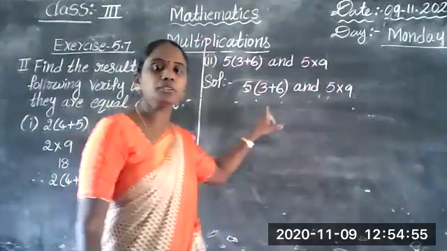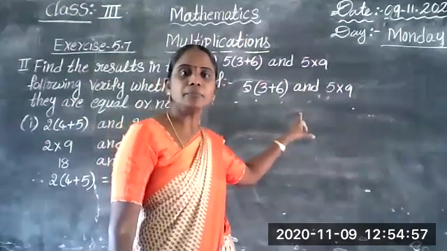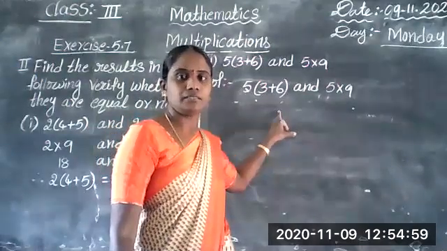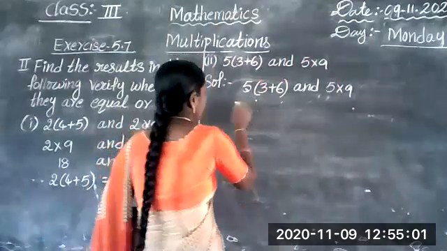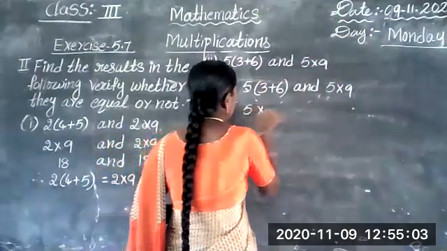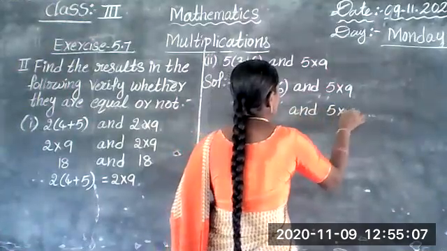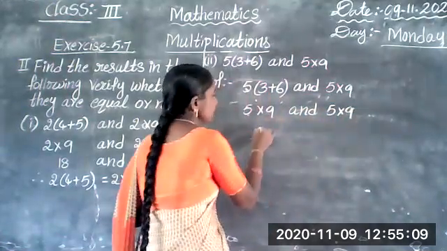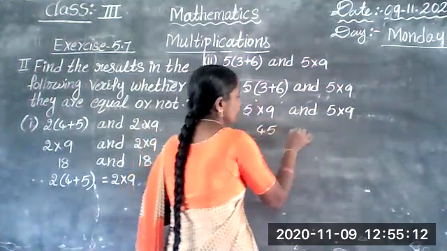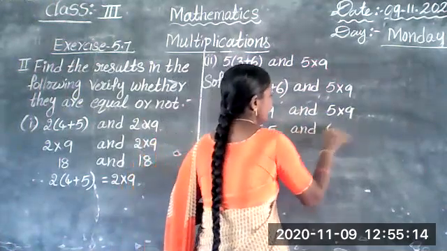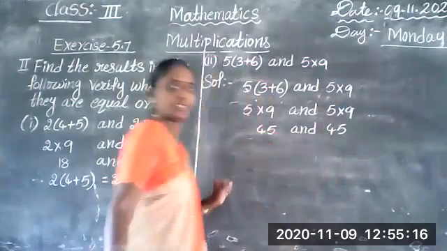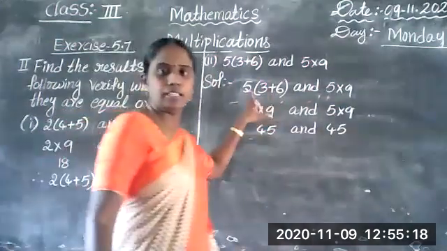Okay. 5 into 3 plus 6. 3 plus 6 is 9. 5 into 9. 5 nines are 45. And 5 nines are also 45. So both are equal.